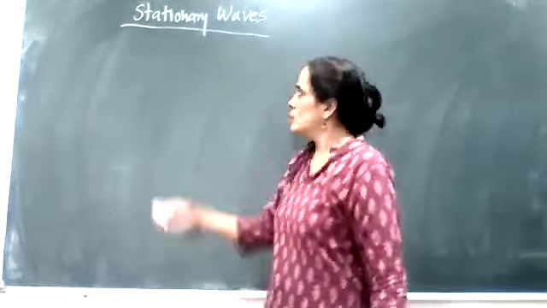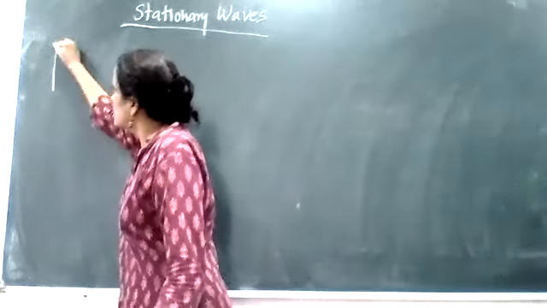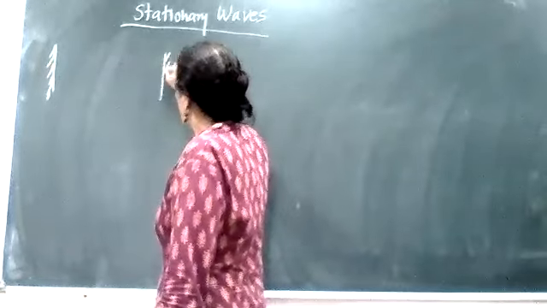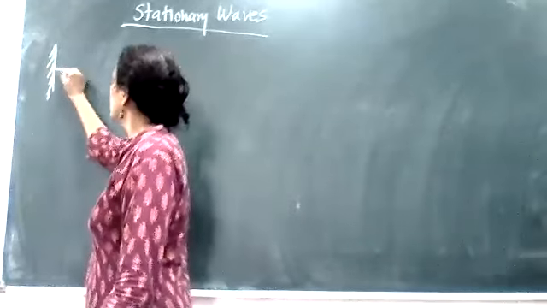Right? So on a string, what I have shown is that here is one rigid support, here is another rigid support, and in between there is a string.